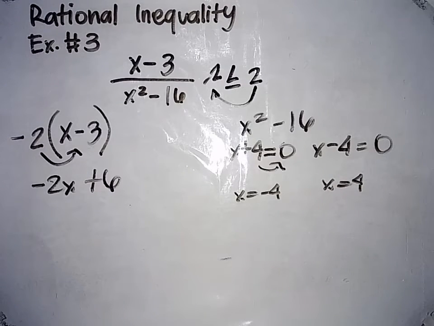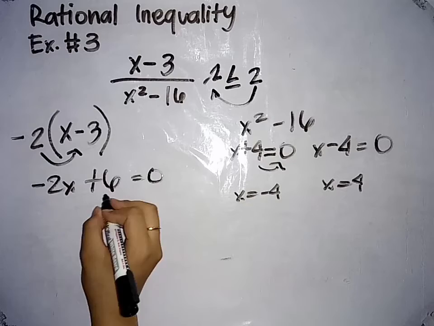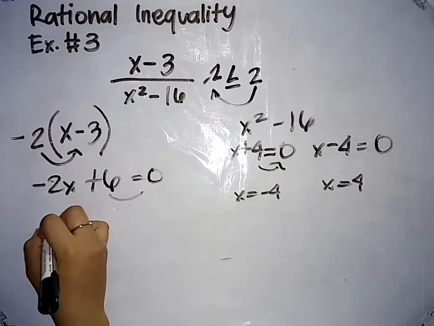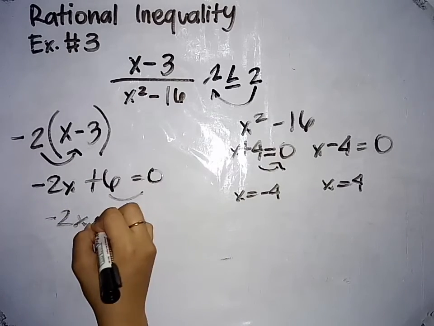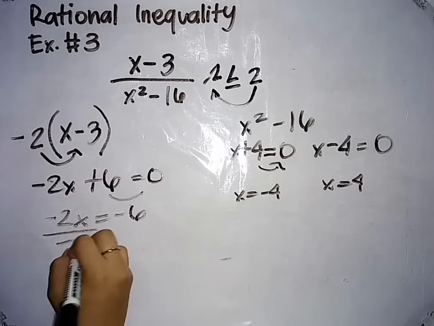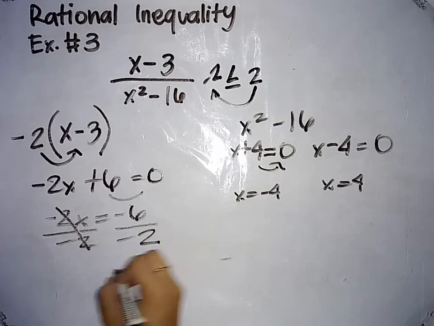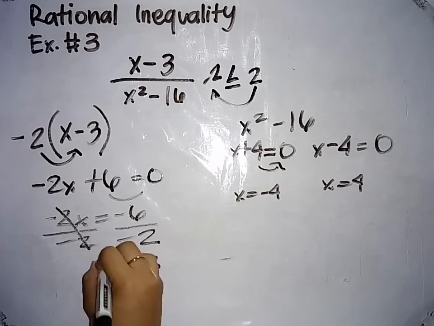Let's go back to our numerator. We need to set it equal to 0. So we transpose this 6 to the right and it becomes negative 6. So we have negative 2x equals negative 6. Divide by negative 2 on both sides to eliminate the negative 2 from the x. So we have x equals 3, and this is the final answer.